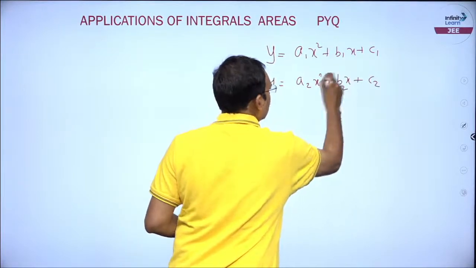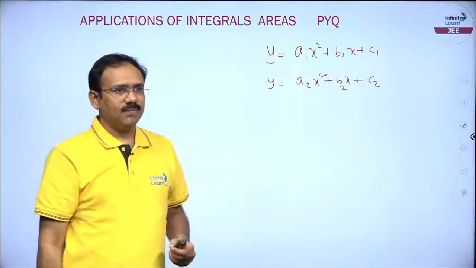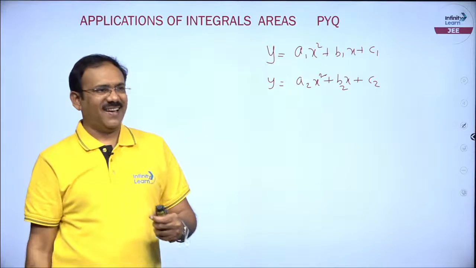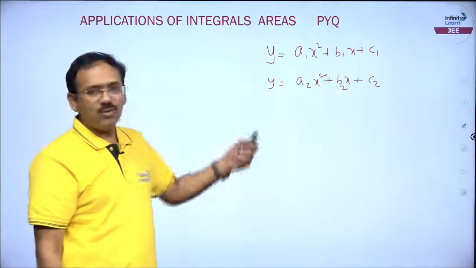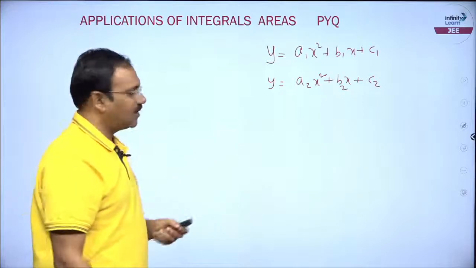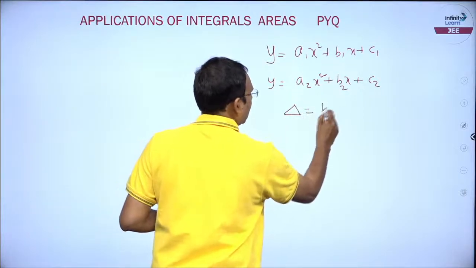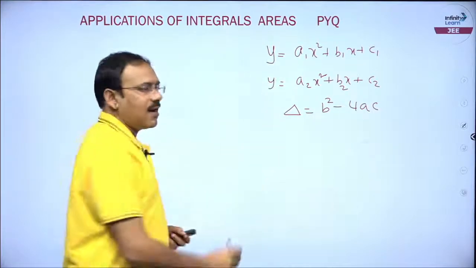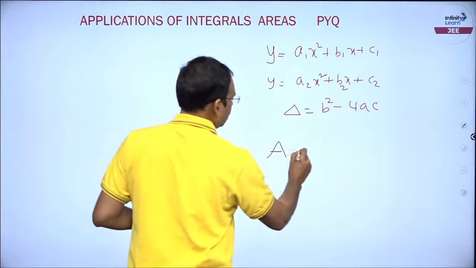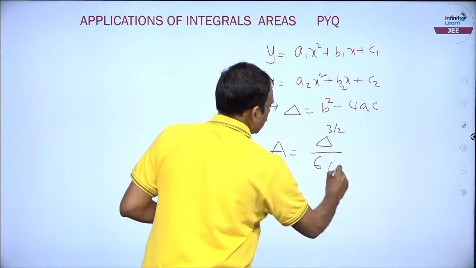If you want to find the area between these two curves, the shortcut is, first you just find delta, the discriminant, which is b square minus 4ac, then the area is going to be delta power 3 by 2 by 6a square.